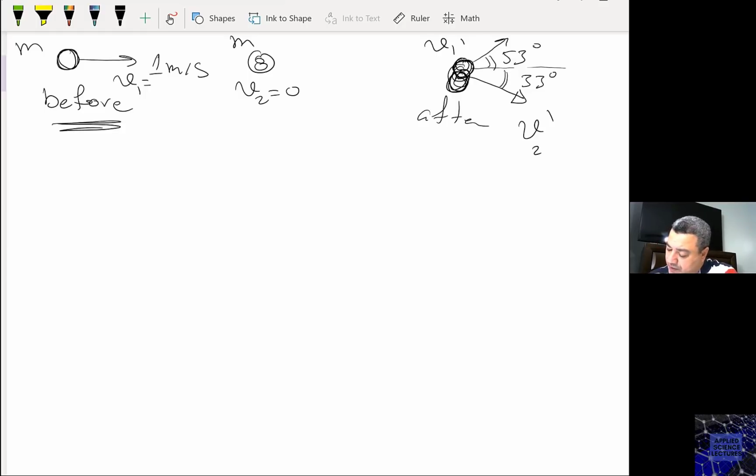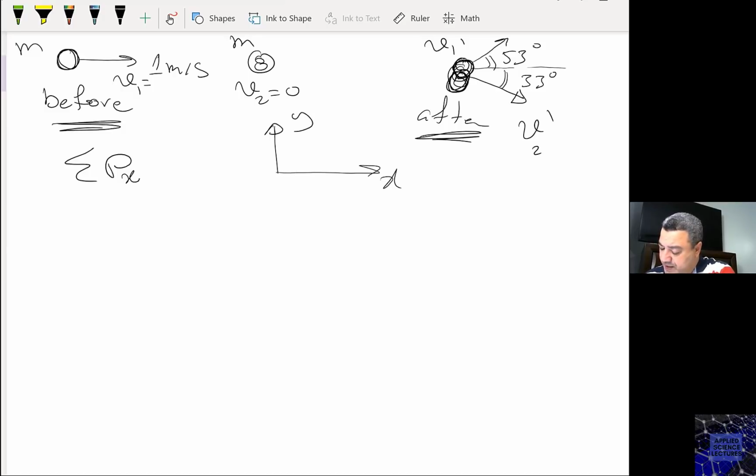So let's apply the conservation of momentum for the two-dimensional problem. Here I have sigma px. Let's pick the coordinates, take the coordinates as x and y.